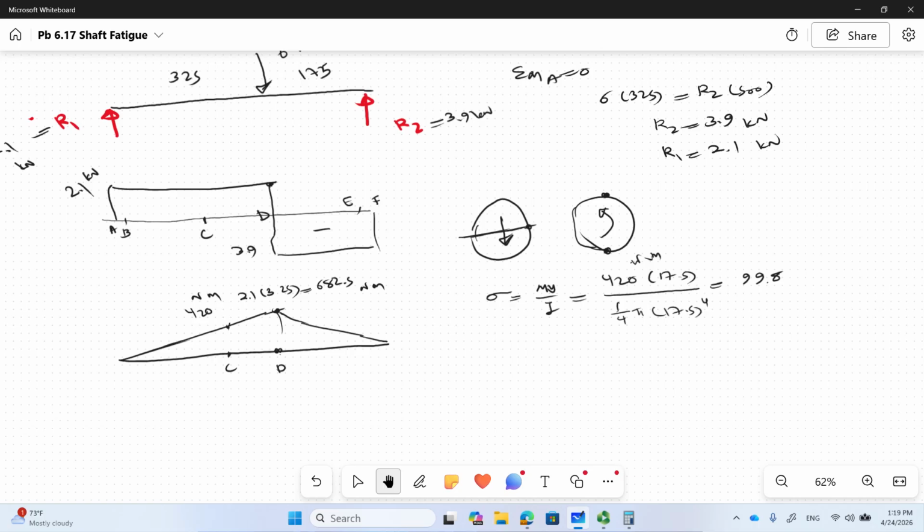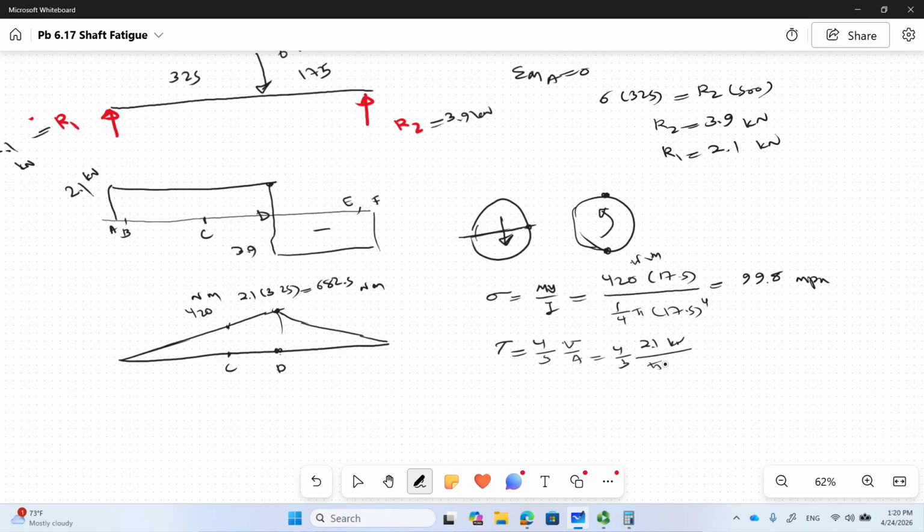Alright, so I did calculate that already. So 99.8 megapascal. And then for tau, tau max, as I said, is going to happen here. For a circular section, it's going to be 4/3 of V divided by A. So 4/3 of, at that point, we have 2.1 kilonewton.